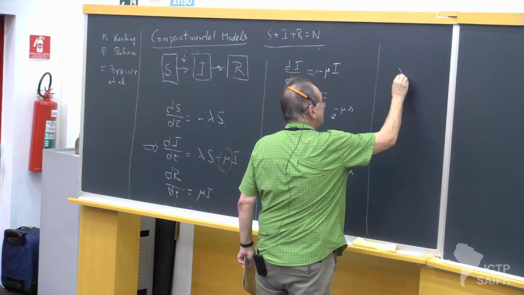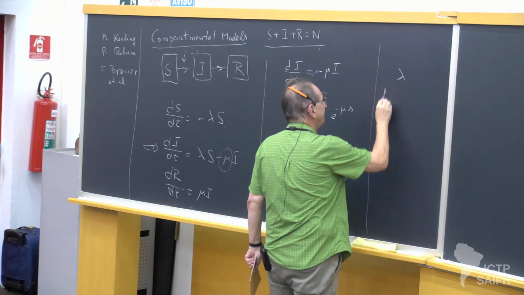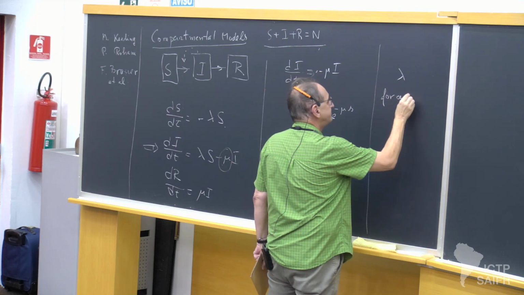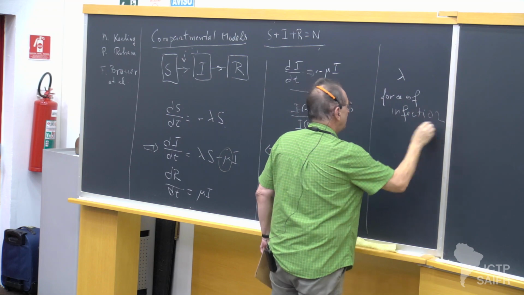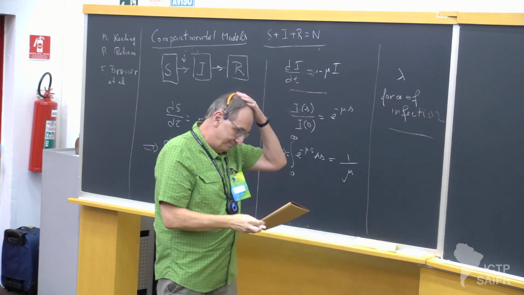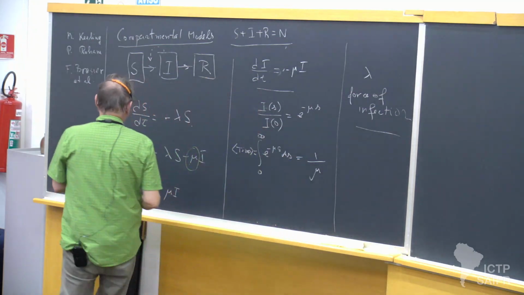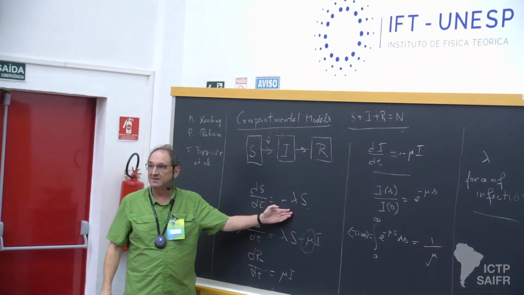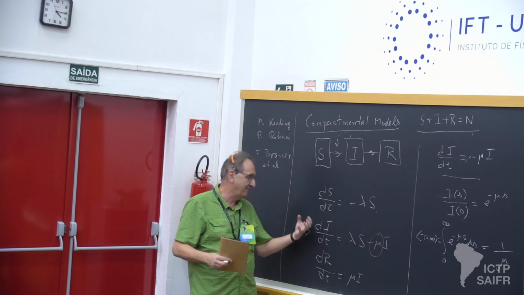This lambda here has a name, it's jargon in the area, it's the force of infection. And what you expect is that lambda should depend on the number of infectives.